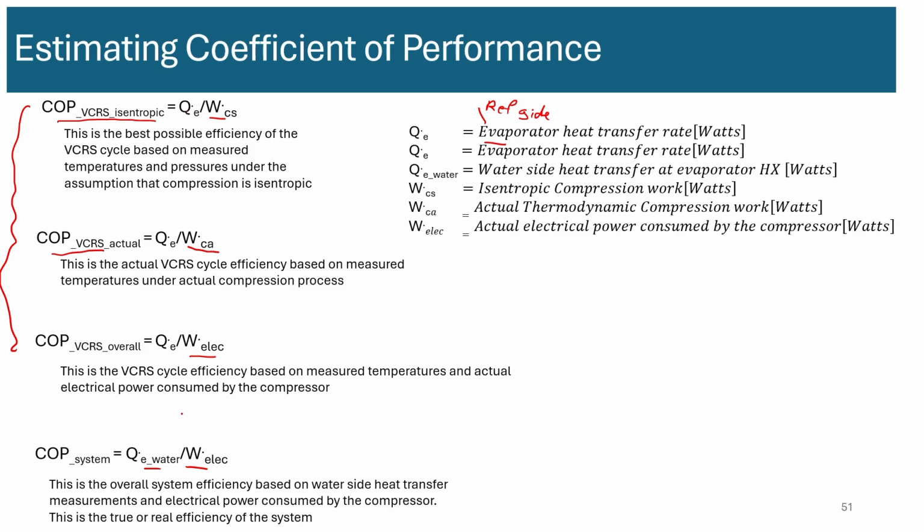In this case, you are trying to cool water, so what is the change in water temperature and what is the energy removed from the water per second in watts, and what is the energy we had to supply to the compressor? That ratio is the actual overall system efficiency, so we will call it the COP system. That's the real efficiency. So there will be these four efficiencies that you have to calculate.